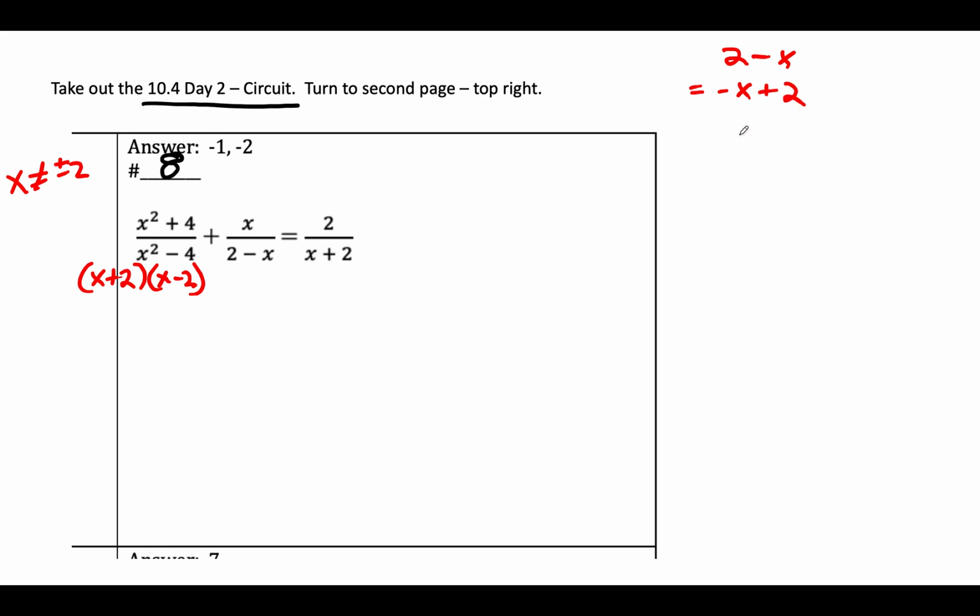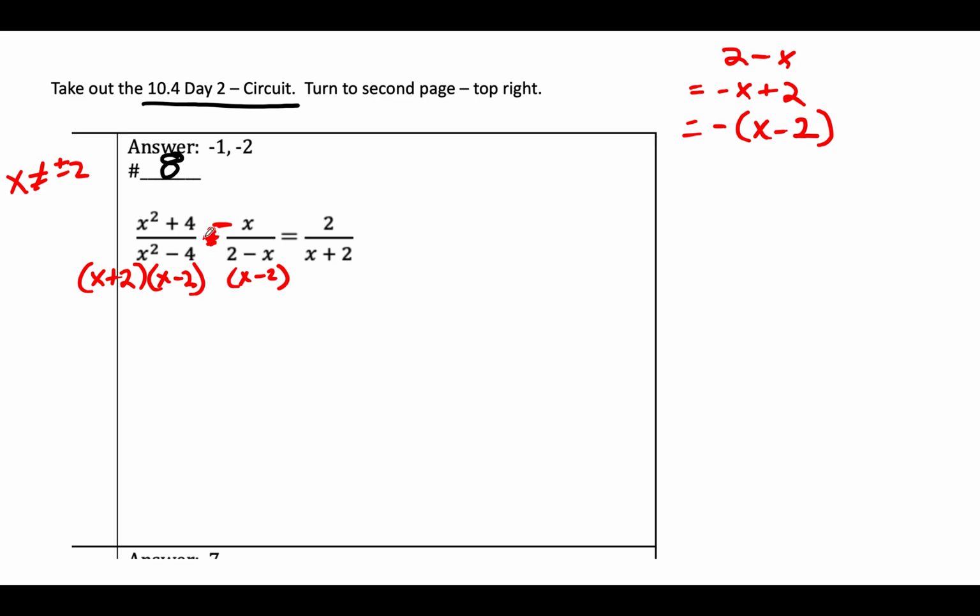And what I need to do to change that into an x minus 2 is I need to factor out a negative sign. Oh no, not that, anything but that. So what that does to the problem is it makes this denominator x minus 2, which is fine, but it also makes the whole portion of the problem negative, and it's a minus x there, okay?